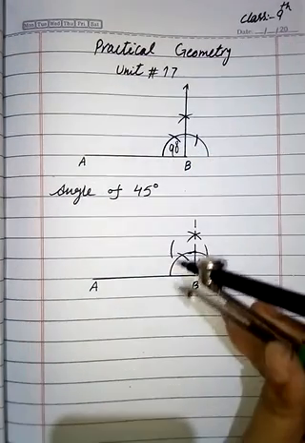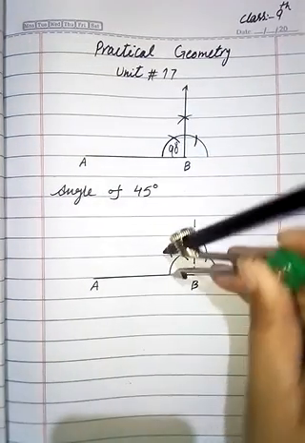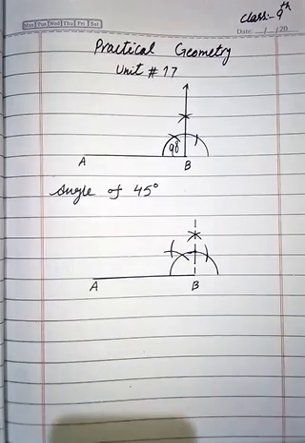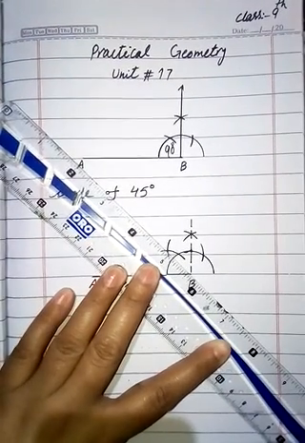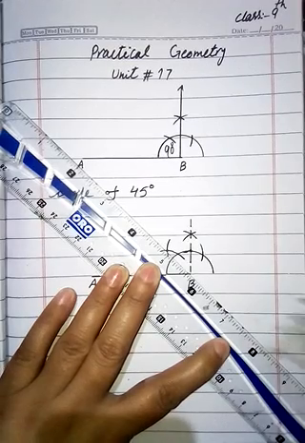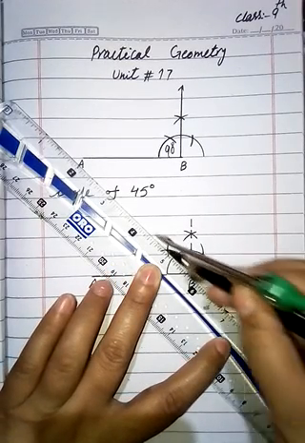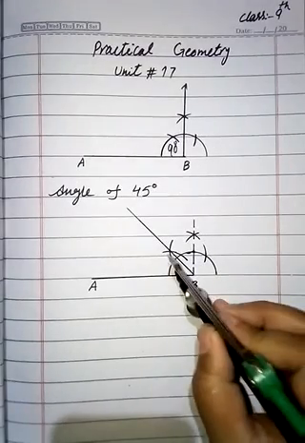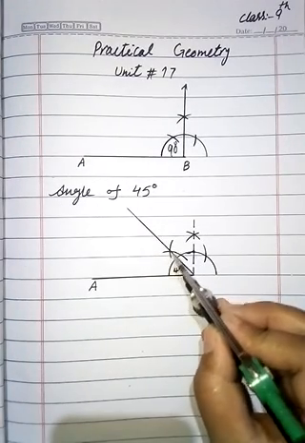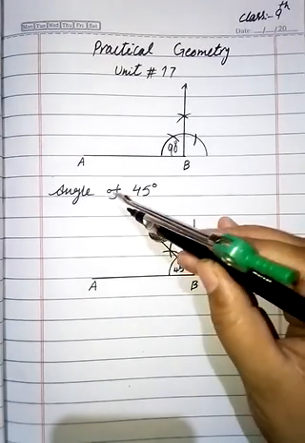Now you have to put compass at 0 degree, draw the second arc. Now you have to get the intersection point. Now you have to join with B. Let's see. This will be the angle of 45 degree. Now you can write here 45 degree.